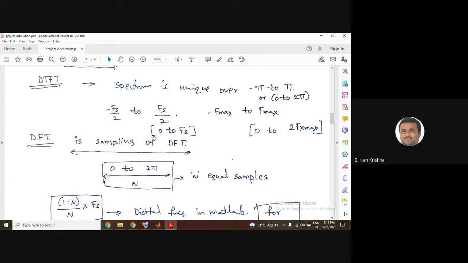Why 0 to 2 pi? Again, 0 to pi is very similar to pi to 2 pi. The magnitude spectrum is always symmetric with reference to the origin.